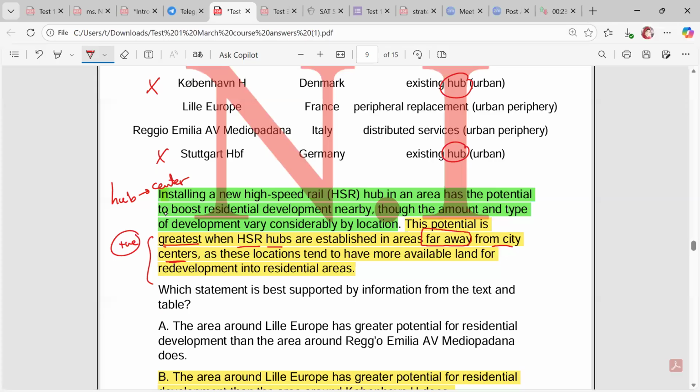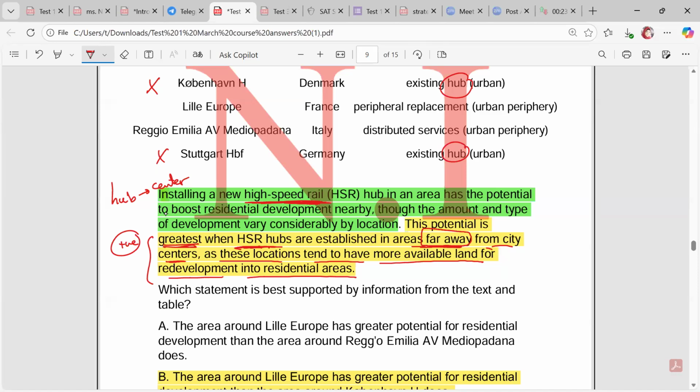The potential is greatest when the HSR, the high speed rail trains, are established in areas far away from the city centers, as these locations tend to have more available land. When you go outside the city, there is a big desert and a lot of land for redevelopment into residential areas.